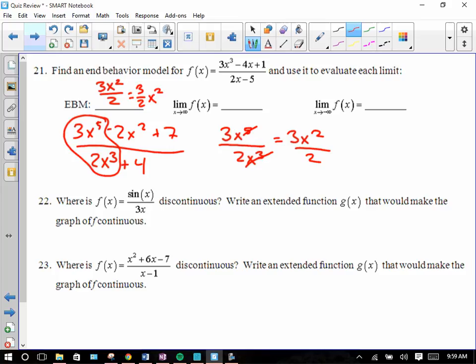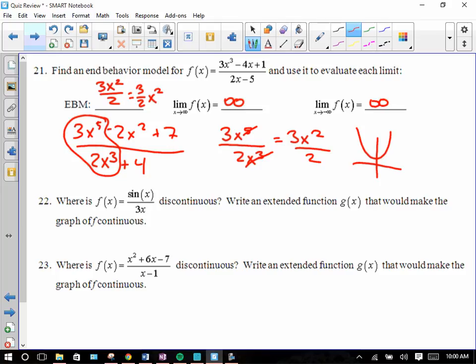I know a quadratic function with a positive coefficient is going to look like this. So what's the limit as x approaches positive infinity? Positive infinity. As x approaches negative infinity, positive infinity again.